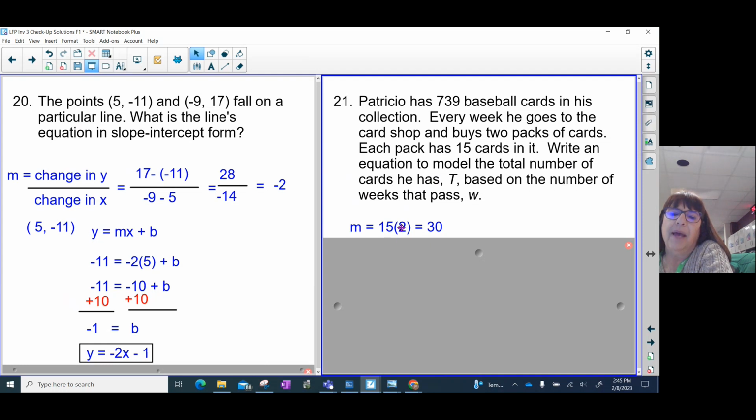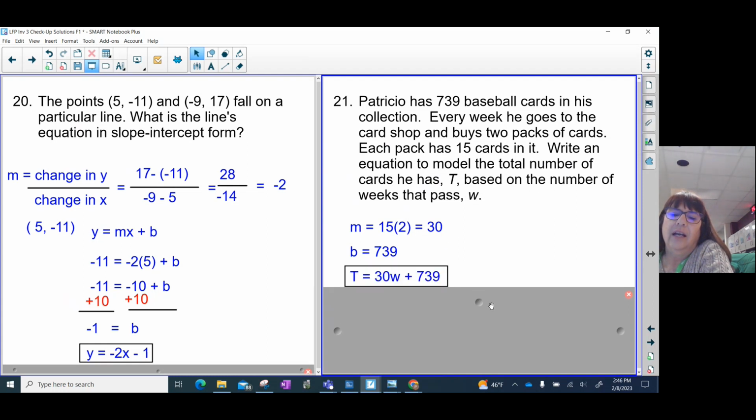It's 15 cards in a pack, but buying two packs a week, he gets a total of 30 cards each week. And so our starting value, 739, our slope 30, and we're going to use T and W for our variables. So our total number of cards is equal to 30 cards per week, plus that 739 cards that he started with.